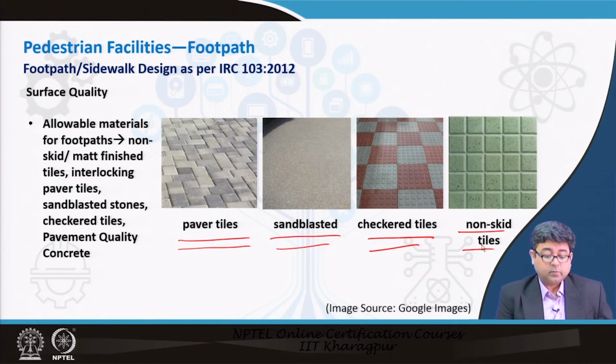So, all of this allows you to walk on the surface without the fear of slipping. That is one of the fears while you walk on any surface, that during rain or any other cleaning of the surface, it should not become slippery. So, these are examples of different types of surface quality that can be provided along your urban pedestrian facilities.